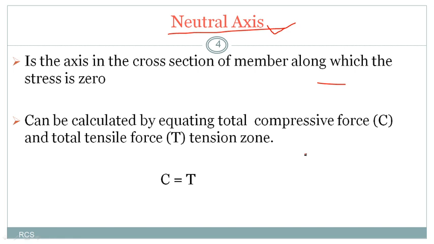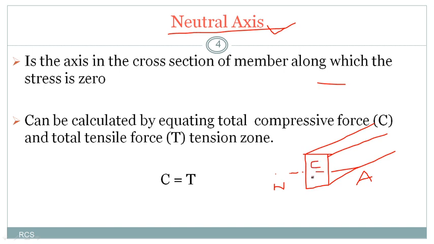Let me explain using a rectangular section. Suppose it's a rectangular beam like this, and this is the neutral axis for this beam. So this is NA, and this neutral axis divides our beam into a compression zone and a tension zone.